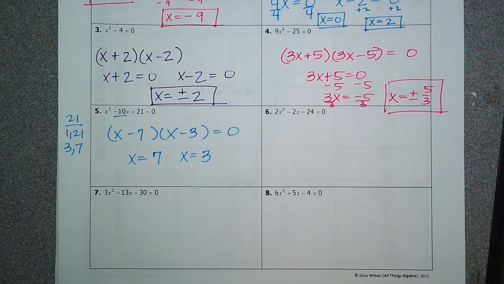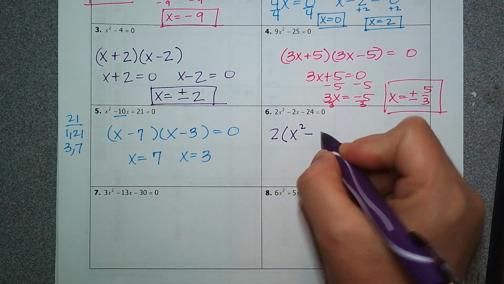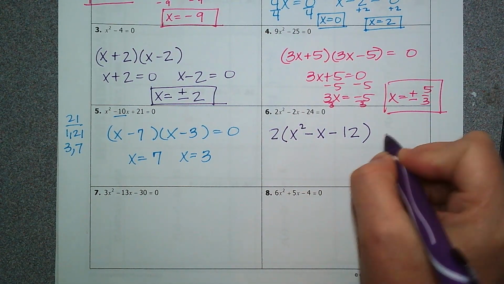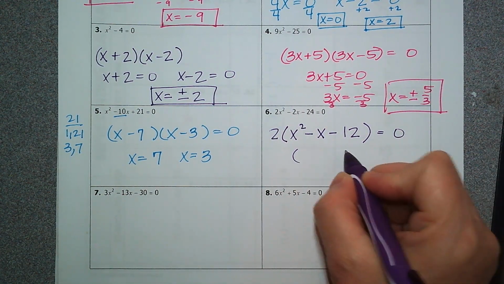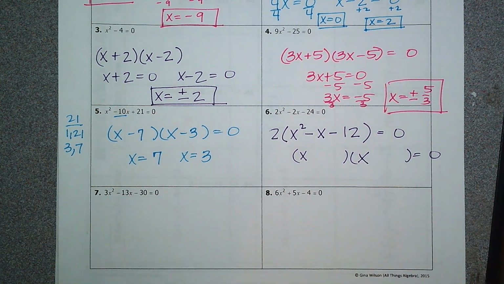Number 6, do I have a GCF? Yes, what is it? 2. Divide everything by 2. What do I have left? Continue to factor. What can I multiply to get 12 and add to get -1?